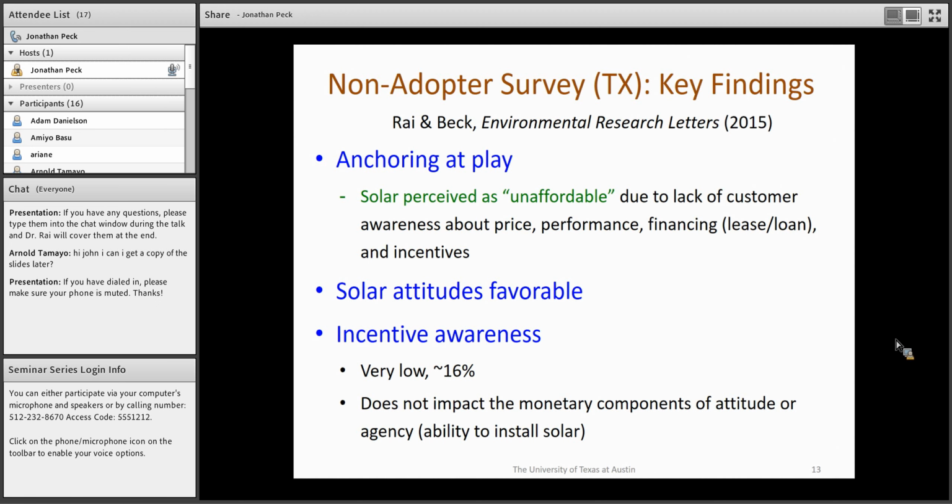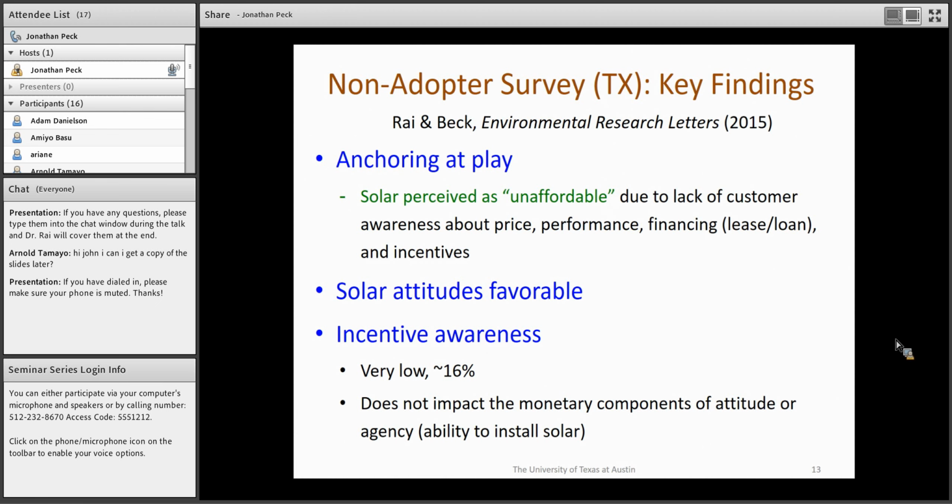So in many ways, it seems like folks have a perception of the price of solar that is anchored 10, 15 years ago when things were actually expensive. But that has not been corrected. And we certainly find that. So this was in data from all across Texas, and we find that to be a consistent picture.